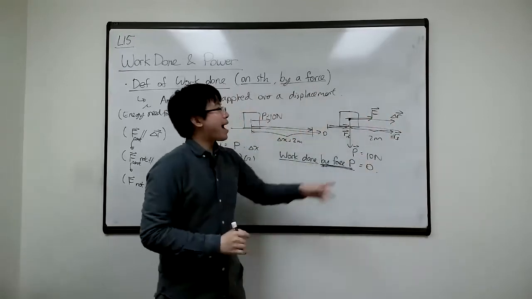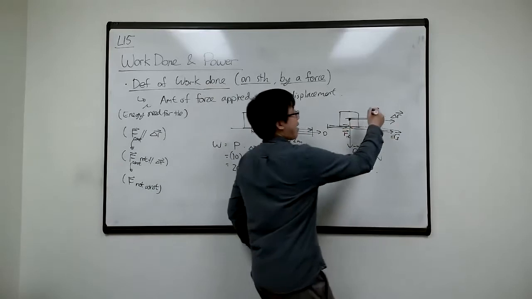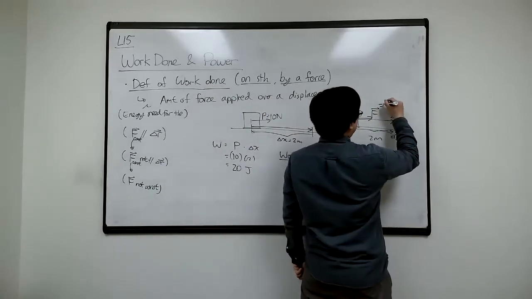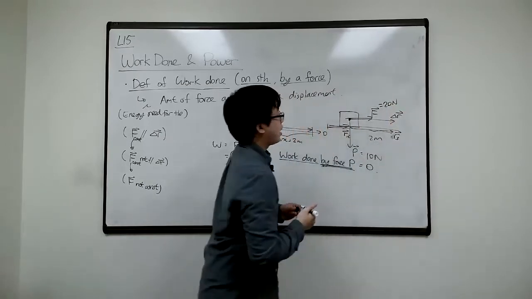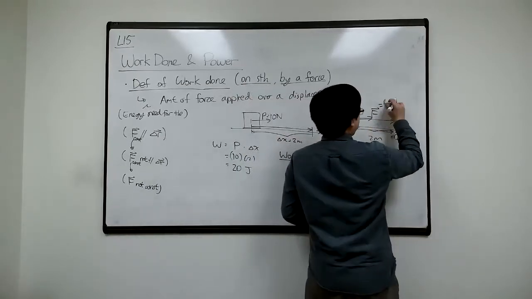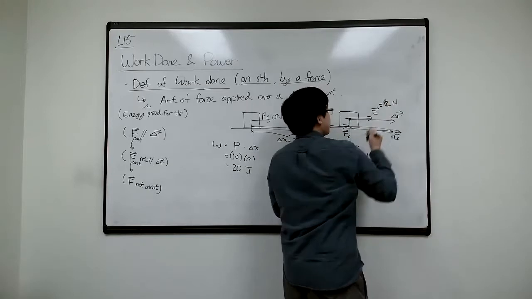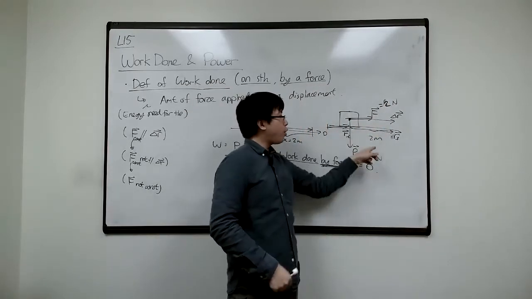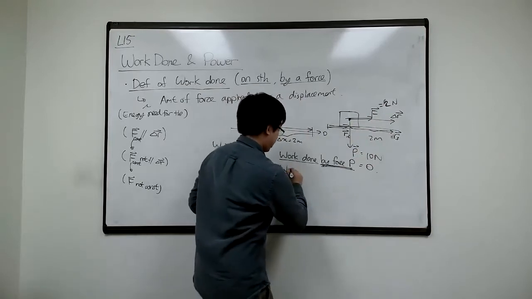All right, so work done by F, let's say F is pushing 2 newtons. So the work done by F is some number, 2 times 2, so it's 4. Let's actually write that down.